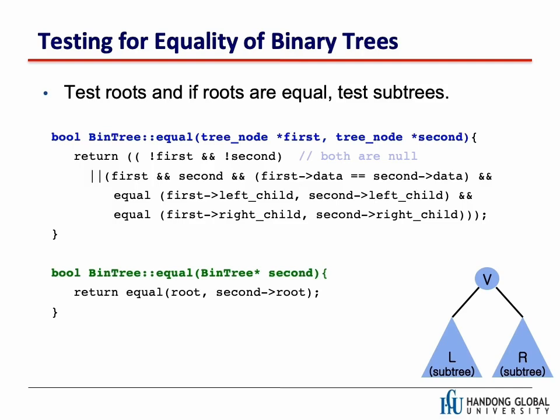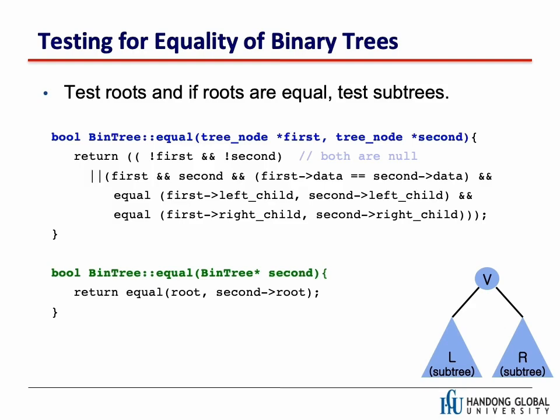In this blue implementation, we have two parts. The first one is checking if both are null. In the second one, as long as both are not null, we check the root node first. I mean, in this figure, we check v.